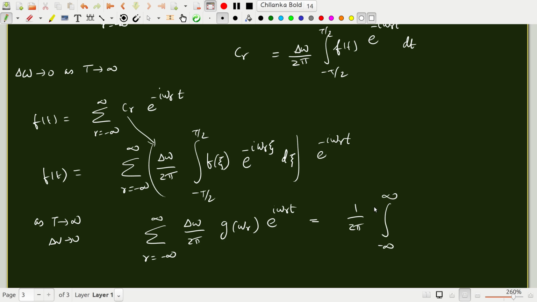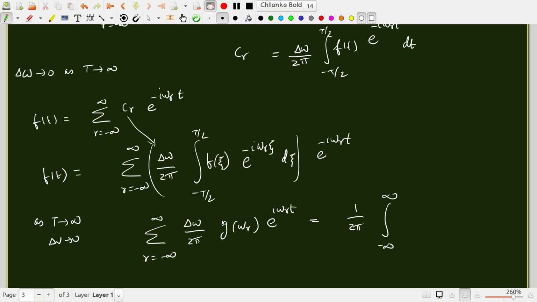That's because r goes from minus infinity to plus infinity. We do not have r anymore.